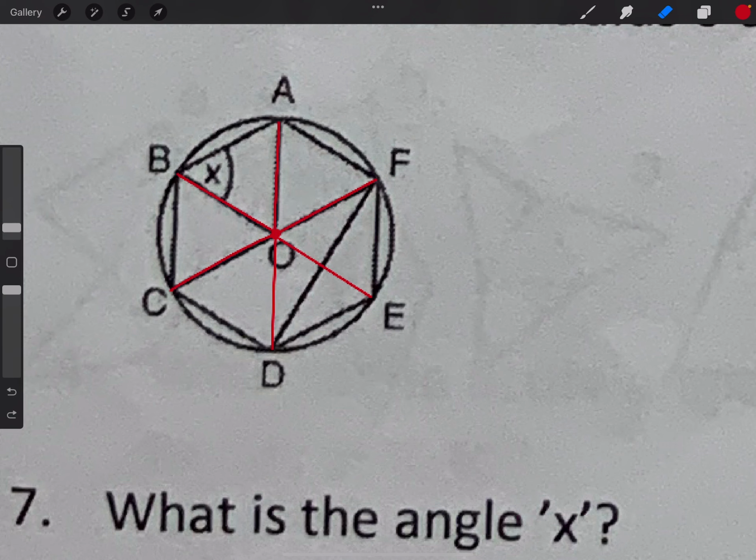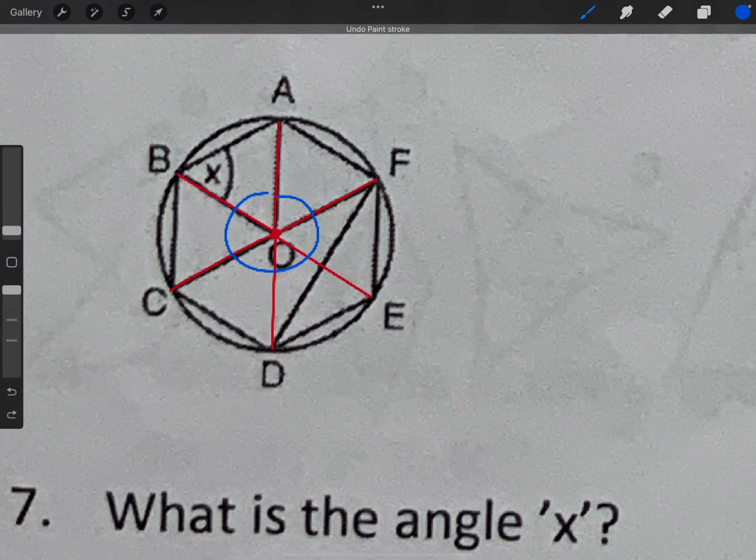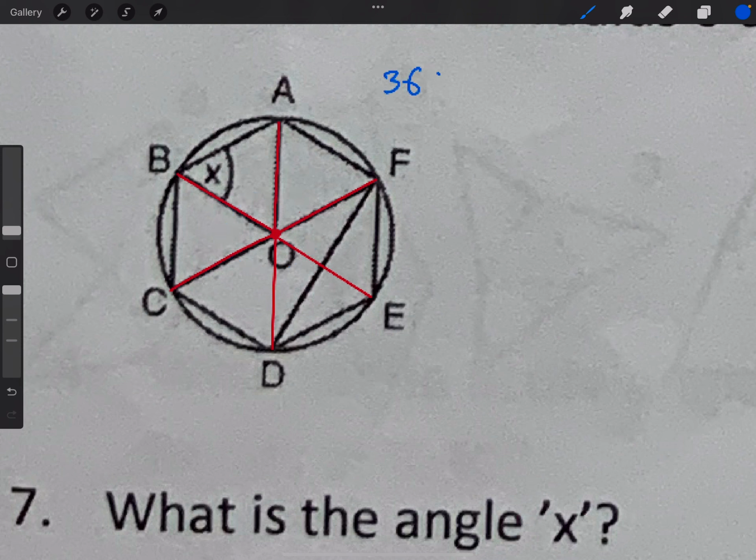Alright, so imagine, we know that if I was to go from, let's say, from this all the way around to here, back here again, I'll have 360 degrees, because that's the angle of a revolution, okay? Now this is 360 divided into how many pieces?